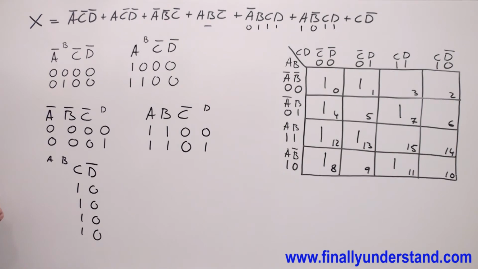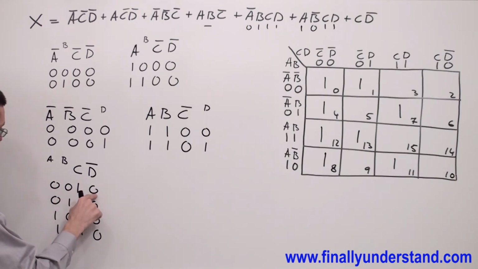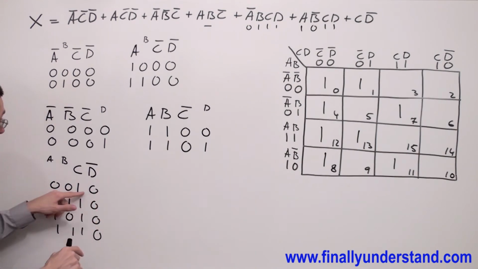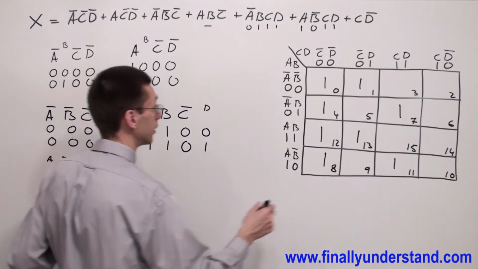The first one is 0, 0. Next one is 0, 1. Next one is 1, 0. And I have 1, 1. This is binary 2. Binary 2 is over here.